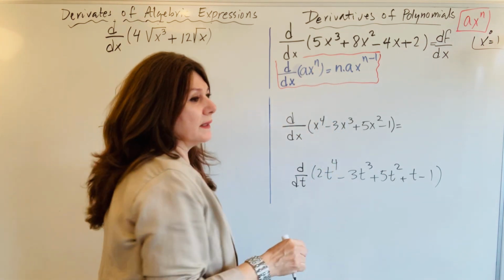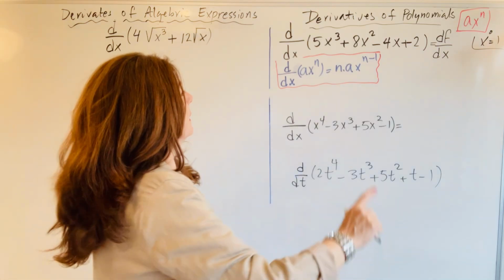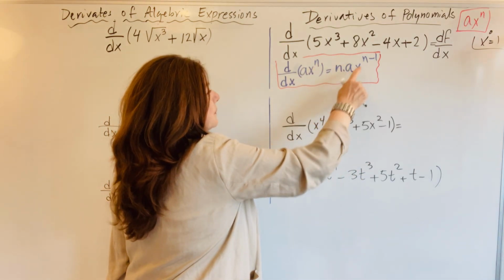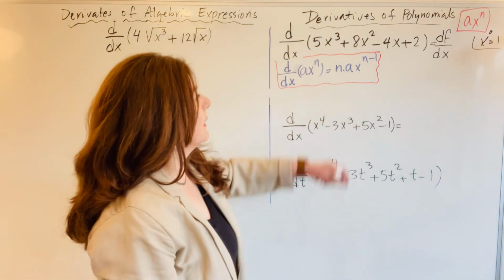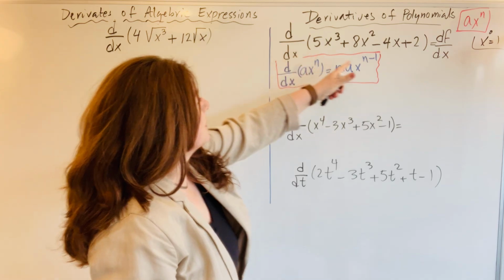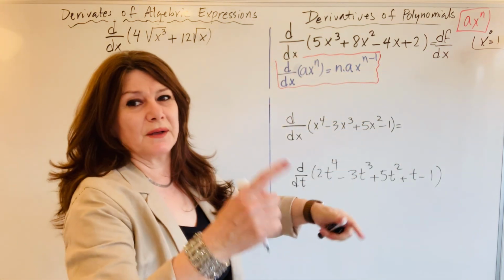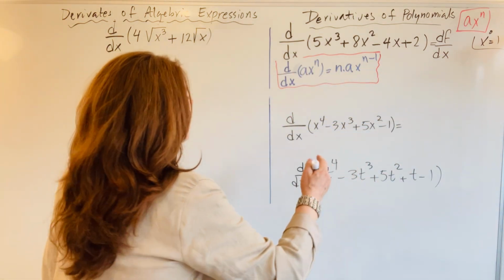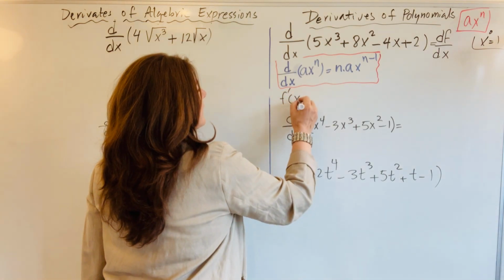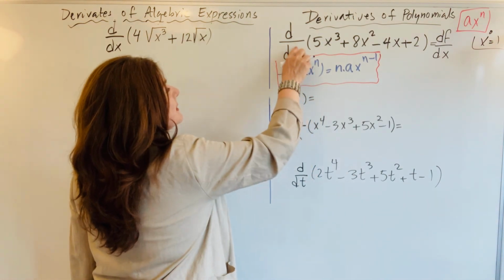The exponent drops by 1 degree. If it is 3, it gets 2. If it is 5, it gets 4. I have this example. We can write in this form, or y prime, f prime, anything. Because this is x, I can say f prime of x.